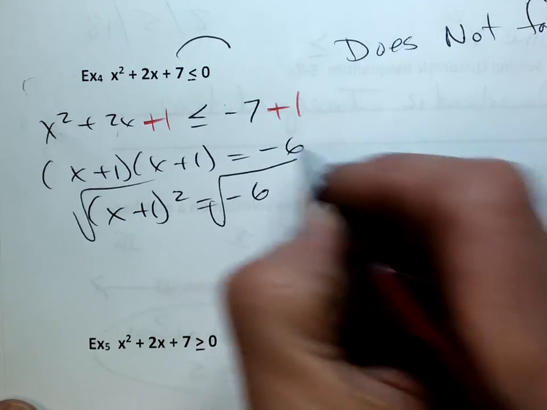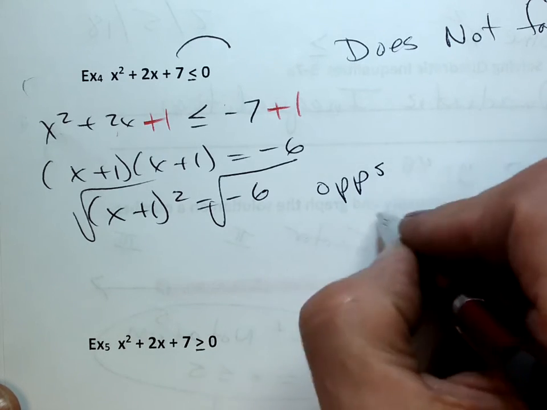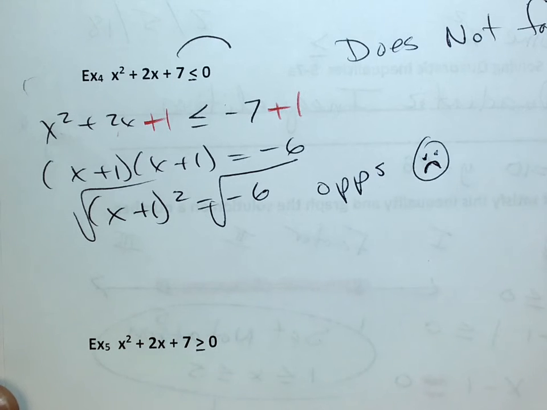Square root. Since we're on a number line, we can only graph real numbers. This is a trick question. So it's either no answers or all answers.